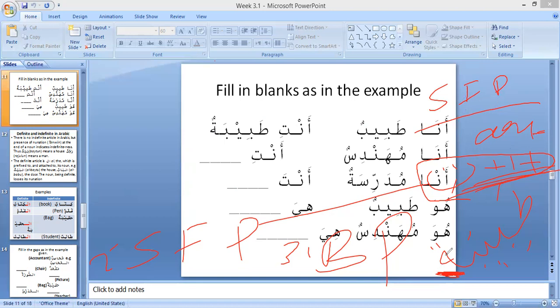And already we have the ta marbuta here that represents feminine, which we never dropped when we were turning this word into dual. Since this one represents female, plural and sound, you don't need to have this ta somewhere in the middle. It is redundant. You're having two tas that represent the same thing. So this one is dropped and the word becomes tabibat.